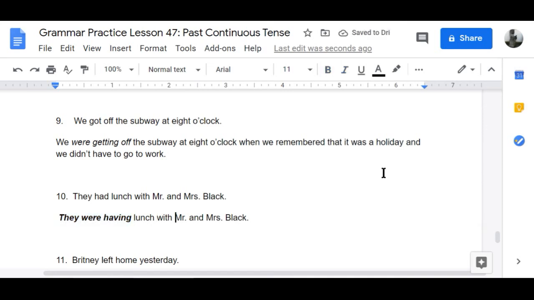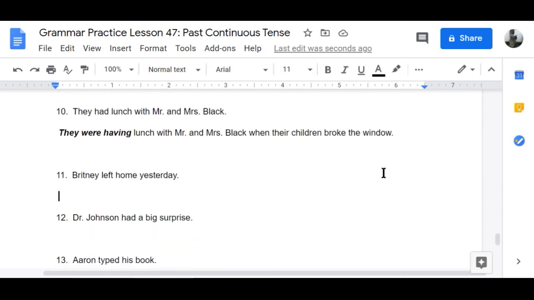They were having lunch with Mr. and Mrs. Black when their children broke the window.